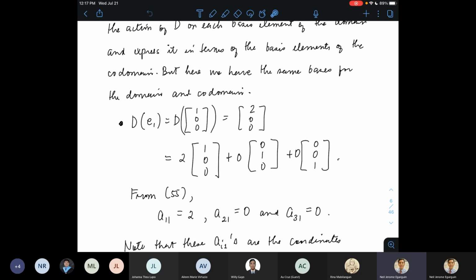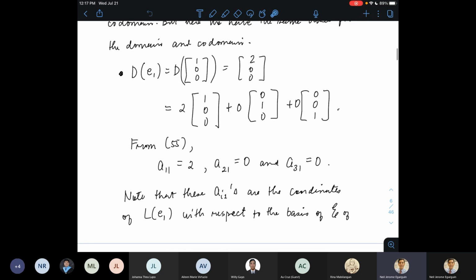All right? So I will collect those scalars, the coordinates of D E1 with respect to the basis for the codomain, and they will serve as the elements A11, A21, and A31. And look at the indexing here. The second index here pertains to which basis element number from the domain we are dealing with.